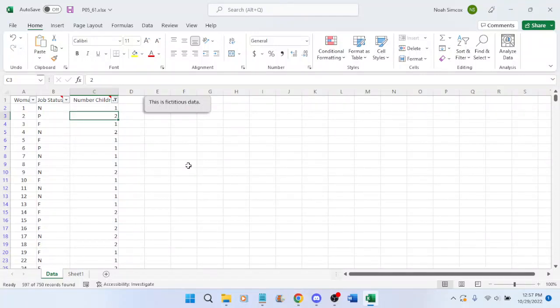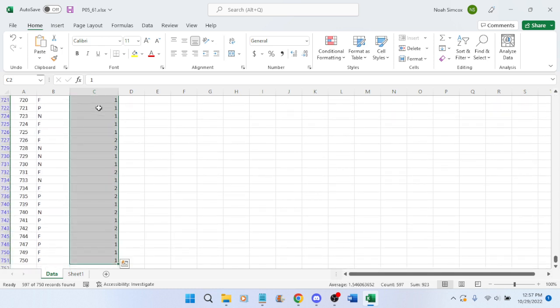750 was the original. Right. So the number of children equals either 1 or 2, and there are 597 out of the 750, so 597.